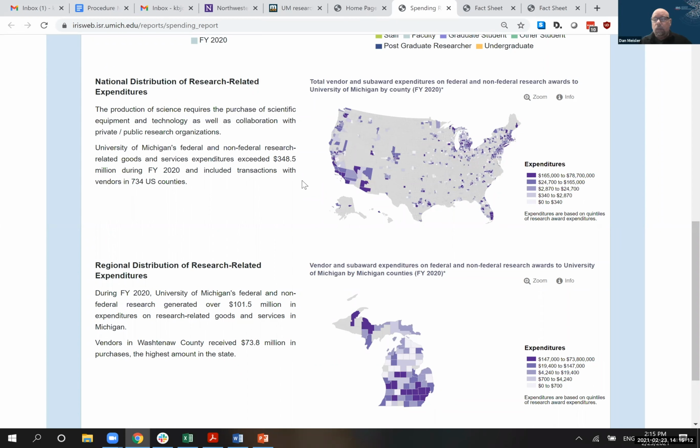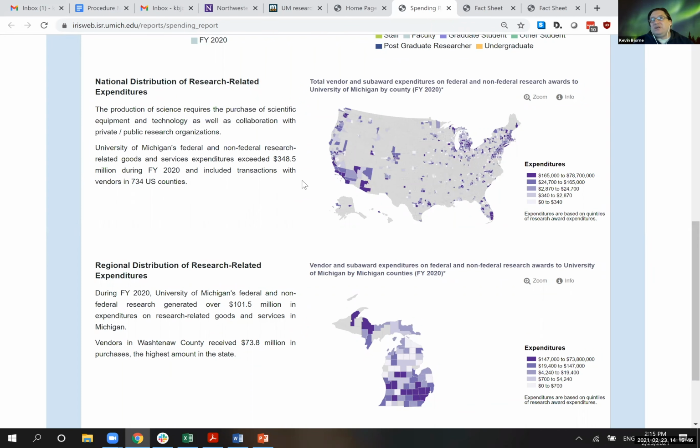Another question: what is the definition of support for a person on a research grant? The questionnaire asks, is it something like more than 200 hours in a year? Nope. So when we talk about individuals that are supported by research grants, we're talking about anybody that receives a payment, a salary payment, that can be traced back to a funded award.